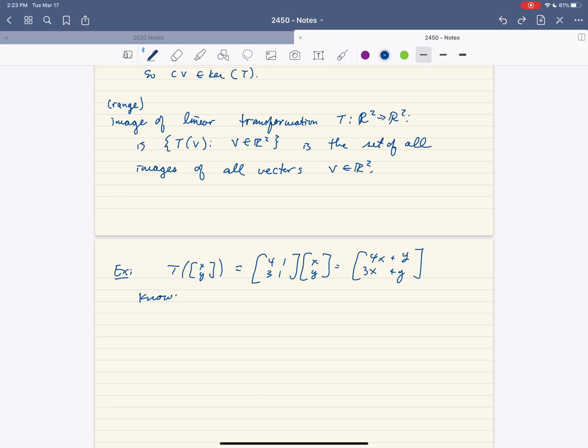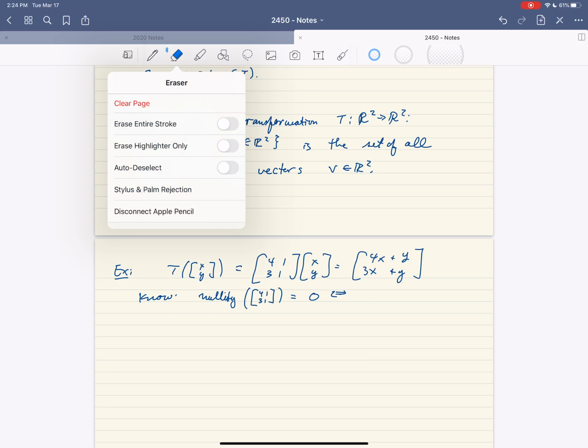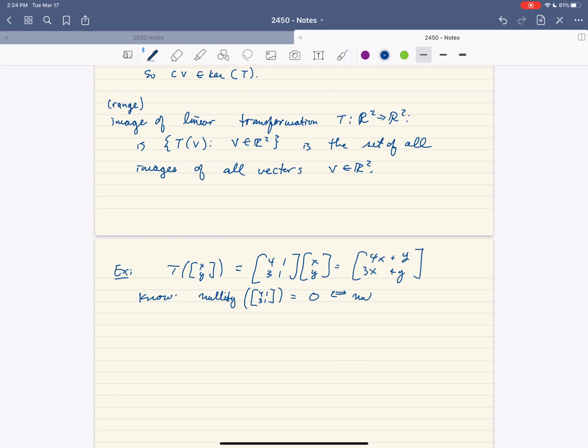The nullity of this matrix, the dimension of the null space, is 0. That happens if and only if the null space of that matrix is 0, 0.